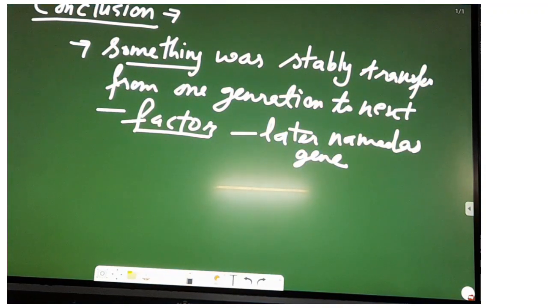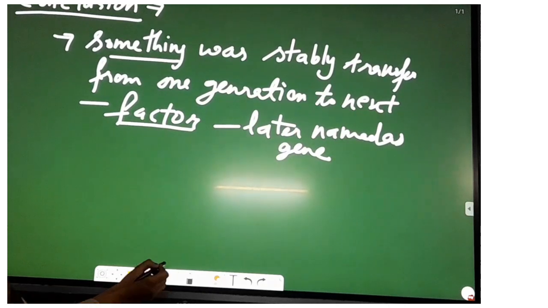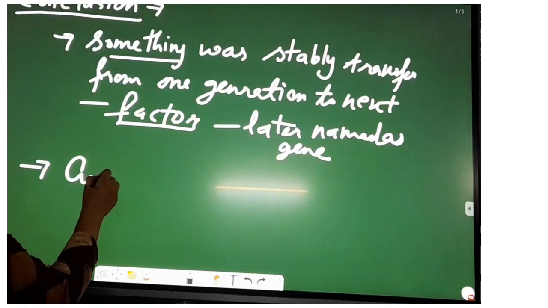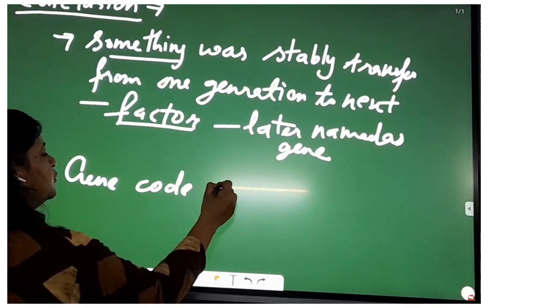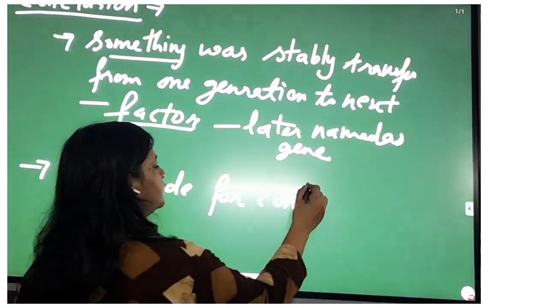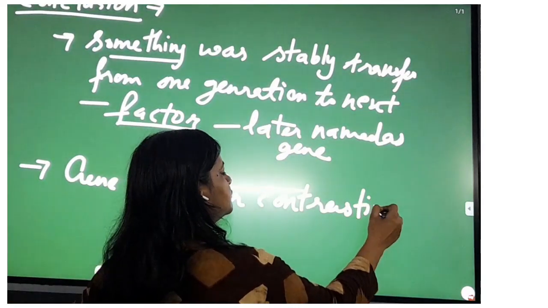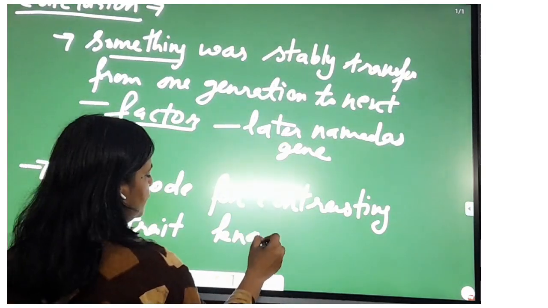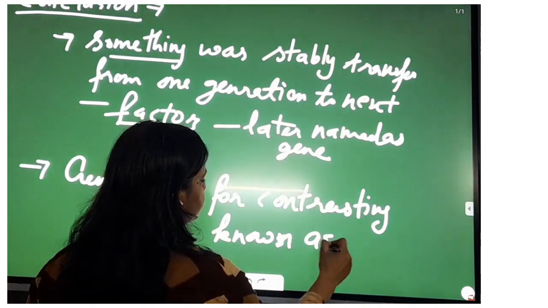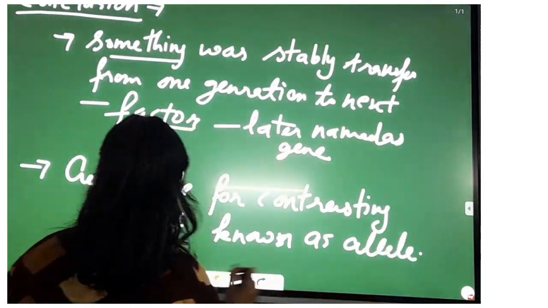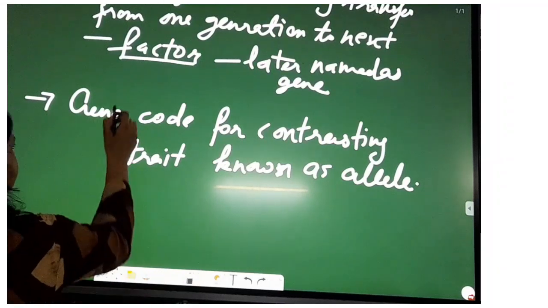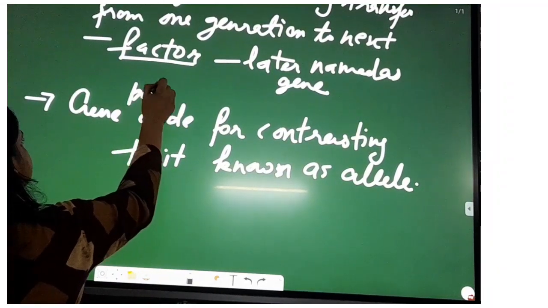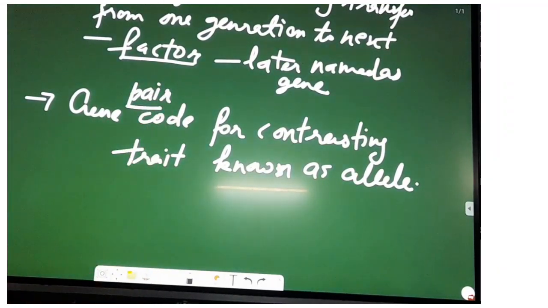Second, these genes which code for a pair of contrasting traits are known as alleles.